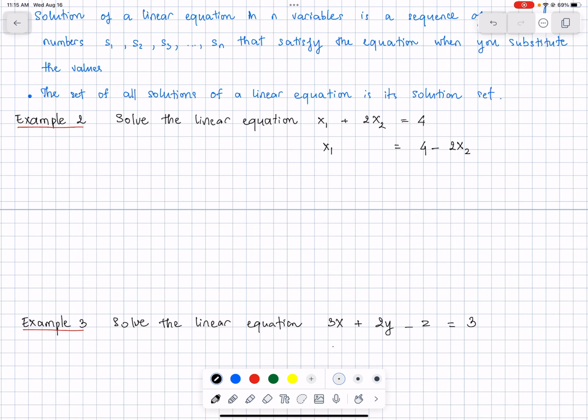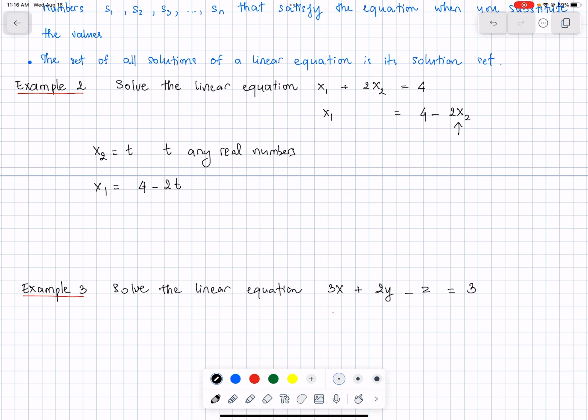I let x2 be t, where t is any real number. Then I plug into x1, so I get 4 minus 2t. So x2 is free, but x1 is not free; x1 depends on x2.